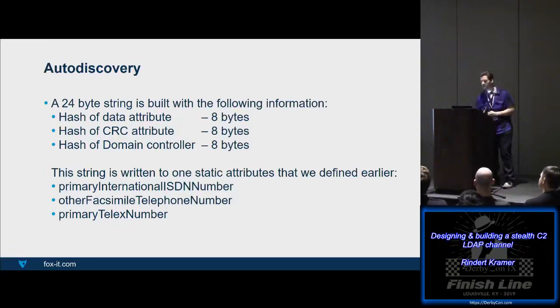The tool will query the whole Active Directory domain for these attributes that are present on user accounts. If they contain data and it's parsed successfully, both client and server have identified each other, but also know which domain controller should be used within the process, which attributes for data and which attributes for CRC.